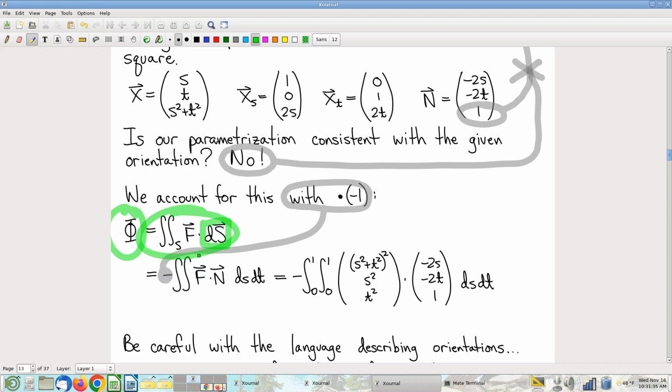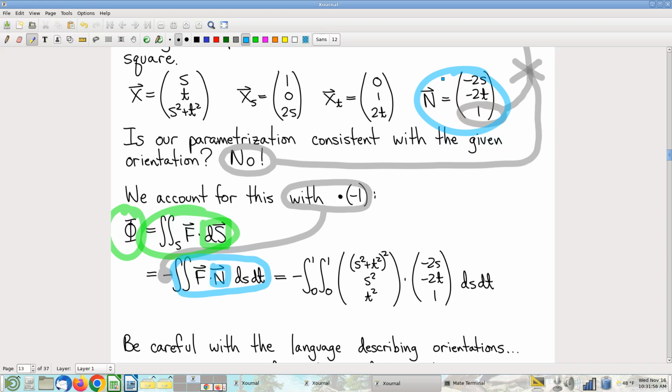Where the minus sign comes in is where my wrong parameterization shows up. That's where you need to fix the minus sign, right? So this thing right here, when I write the double integral of F dot capital N dS dT, this capital N, that's the thing that's wrong. That's the thing that I parameterized backwards, right?